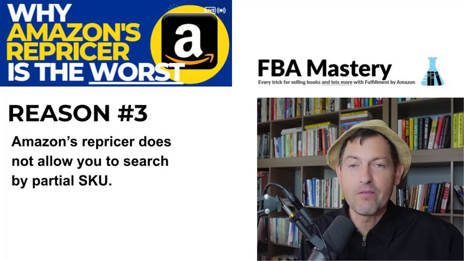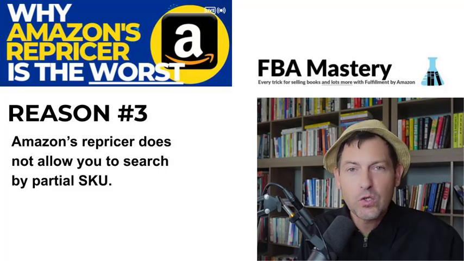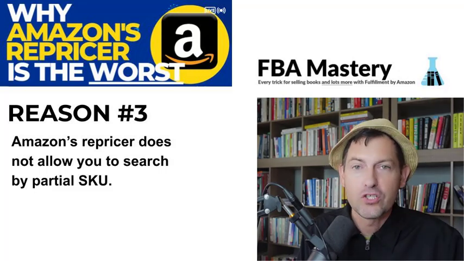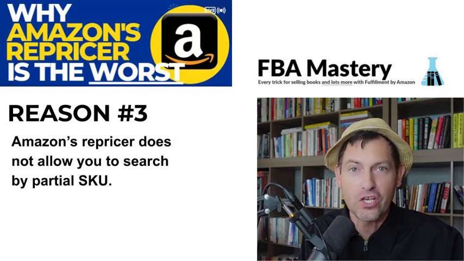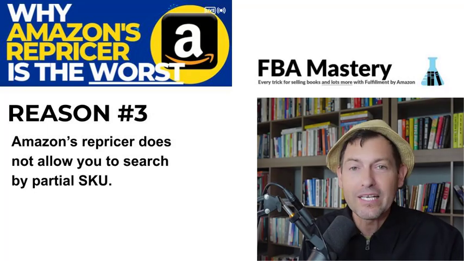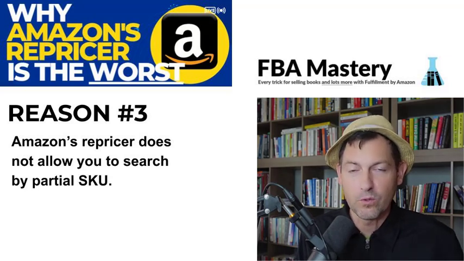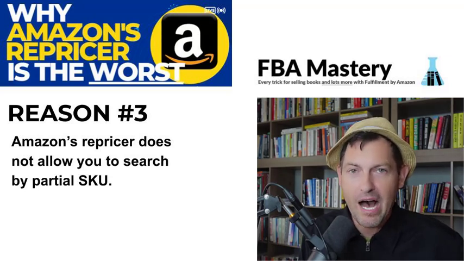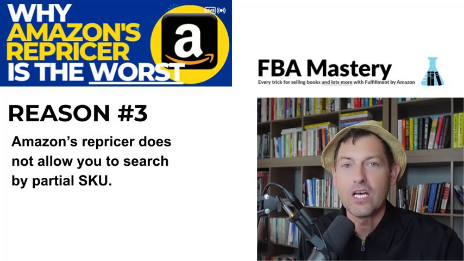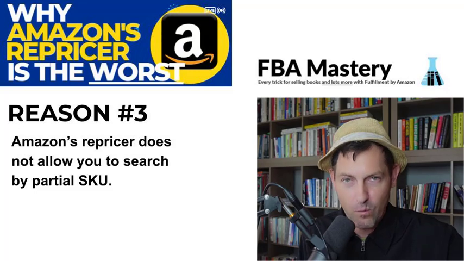At this very last step, it is literally impossible to search by partial SKU so that you can increase the efficiency of the step 90% and add items to your repricing rules in bulk. It is literally impossible. Amazon forces you to add every single item of inventory to a pricing rule one by one by one.